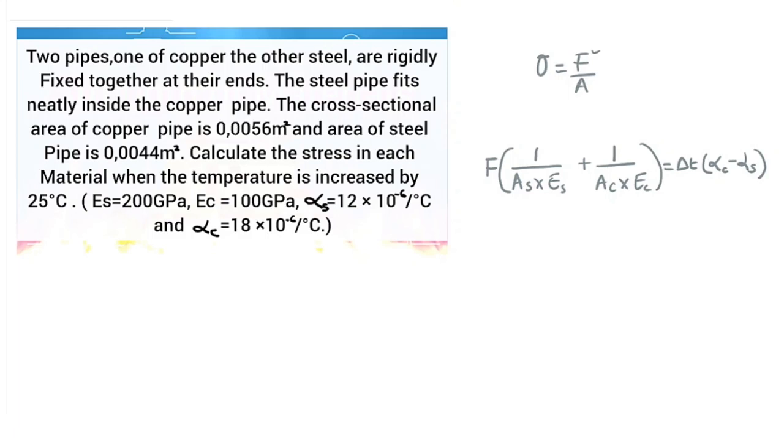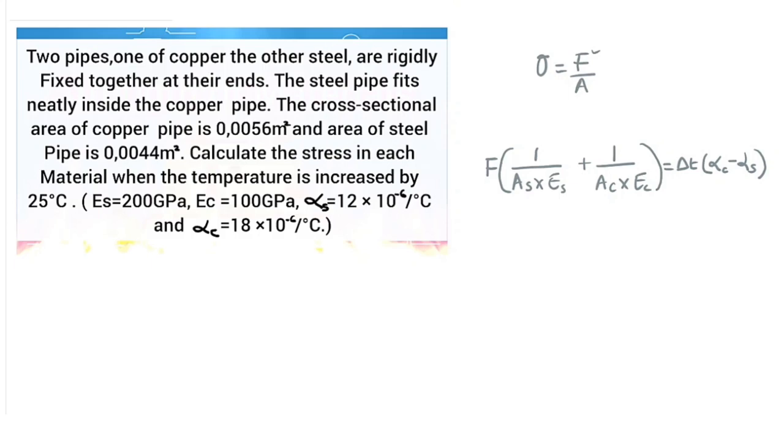That's the formula, but you use it when these compound bars are in parallel, not when they are joined end to end, which is in series. We don't use this when they are in series, but here they are parallel. They are fixed together at their ends. That means they are parallel. So to find the force, we use this formula.